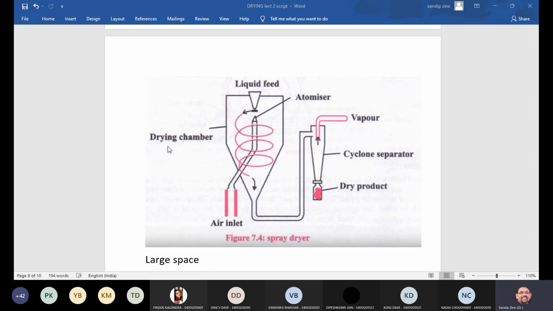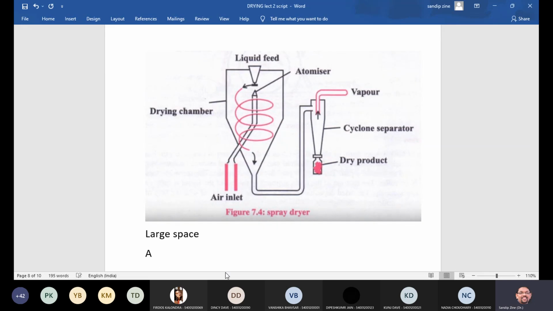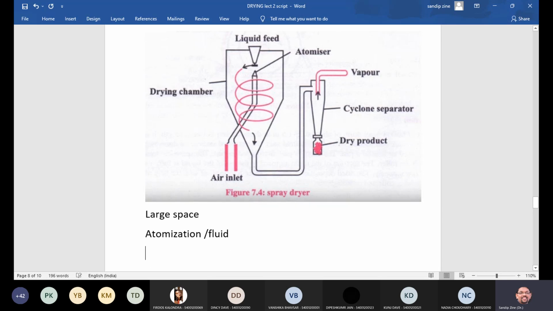And in case of working, we can say the spray drying process can be divided into four sections, or we can categorize it. For example, first part is about atomization. Atomization of what? Atomization of the fluid, which we have to dry. Second part is about mixing of the droplets.